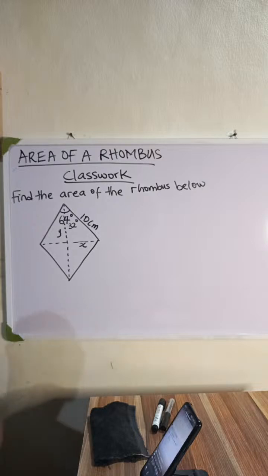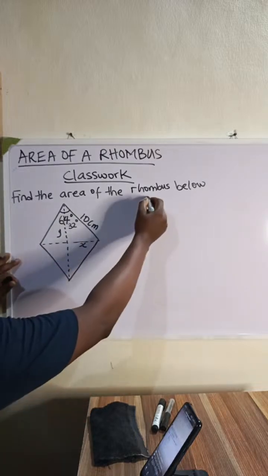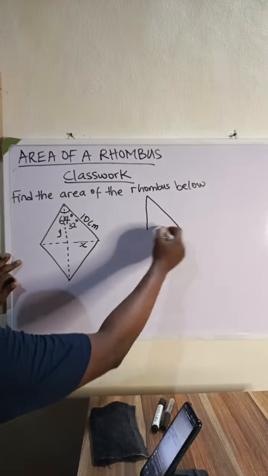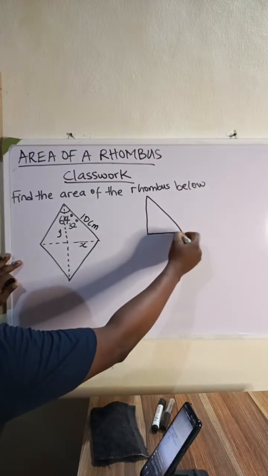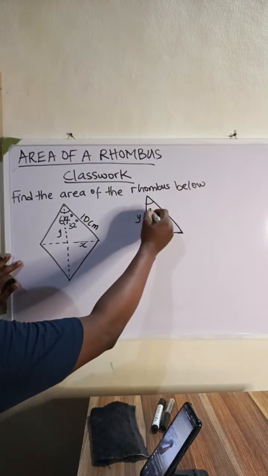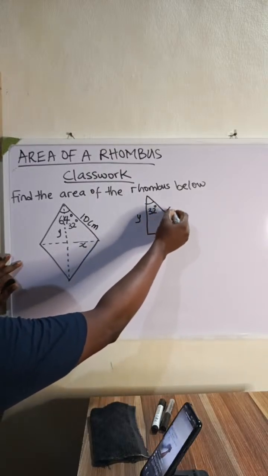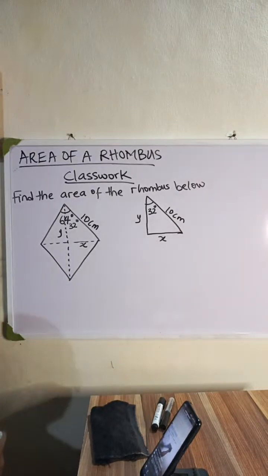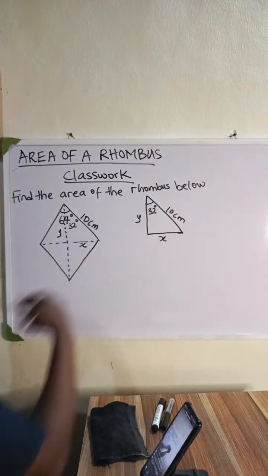Okay, so now we have this triangle: y, x, 32 degrees, and 10 centimeters. So we can find x by using opposite over hypotenuse.